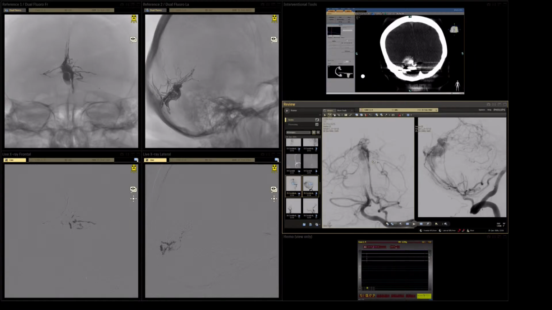But in this case we had no middle meningeal directly coming from the extracranial circulation, that's why we navigated from the vertebral arteries. Vertebral artery on the left side through the posterior meningeal.